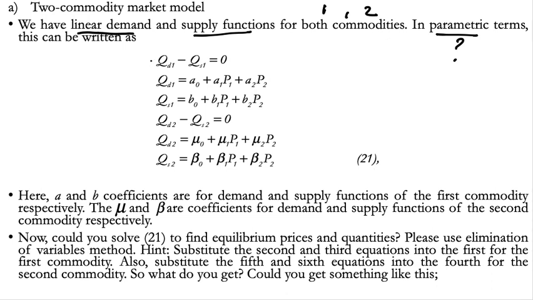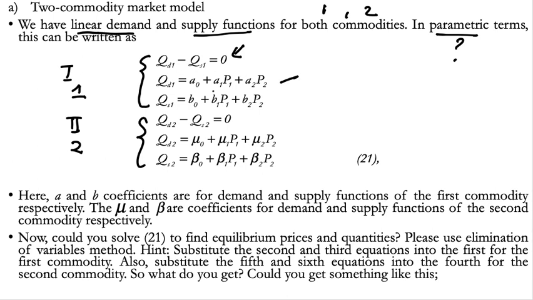We have two markets. The first market's characteristics are shown by this, for product 1. The second market is shown by the last three expressions, for product 2. The first one here is the equilibrium condition in which excess demand is equivalent to 0, because QD minus QS for commodity 1 is 0.